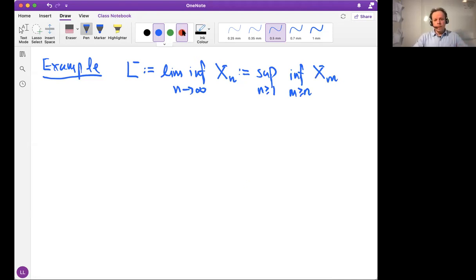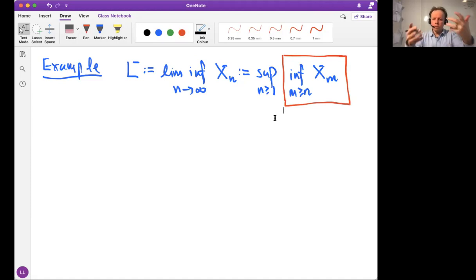Okay, and let's also give this part a name. Remember, infimum is the greatest lower bound, so the biggest number that is less than each of these Xm. Here we give this a name, we call it L minus m.